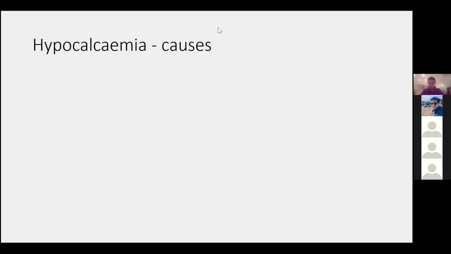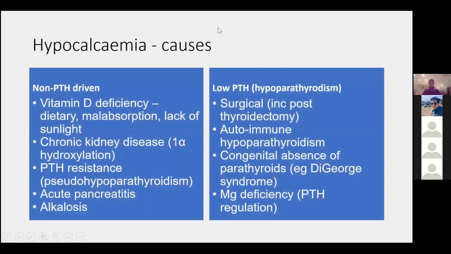So, thinking about the causes of hypocalcemia, again you can divide it based on the PTH levels. If it's not PTH driven, then you've got a high or normal PTH. The main cause is vitamin D deficiency.